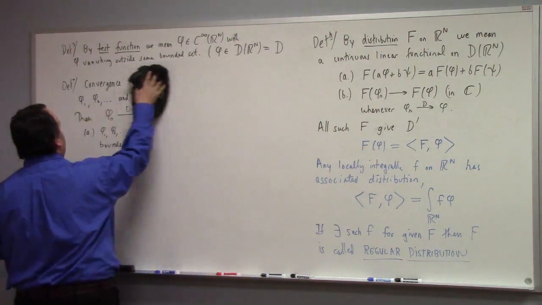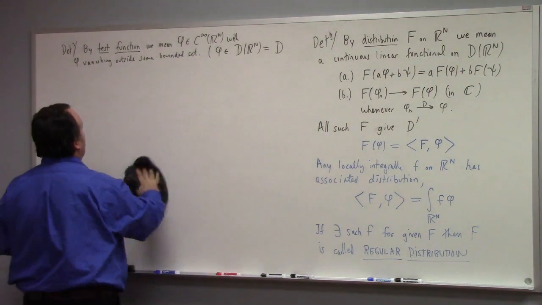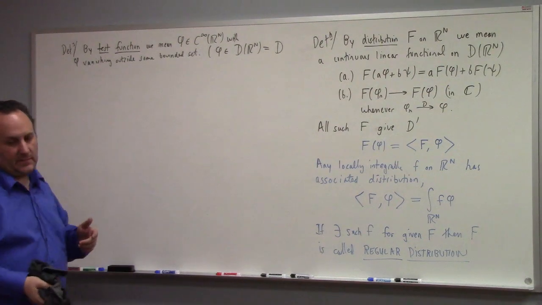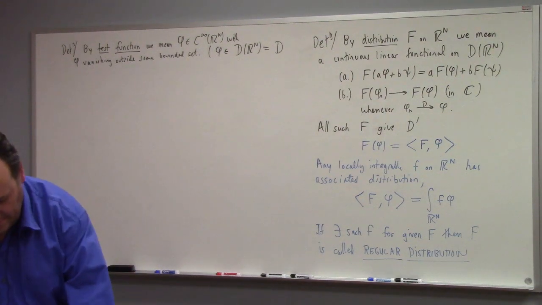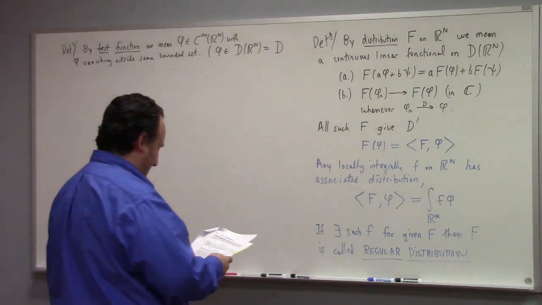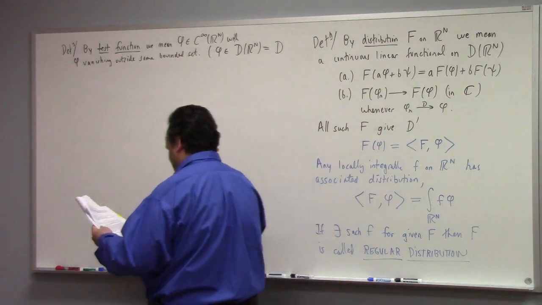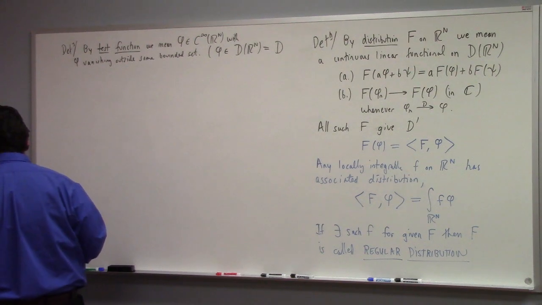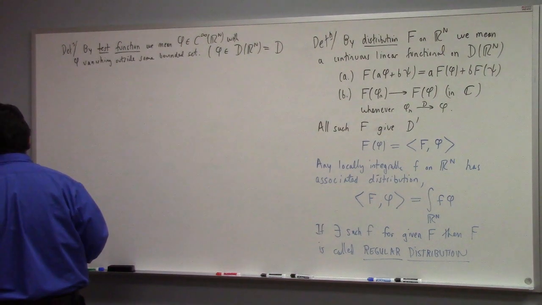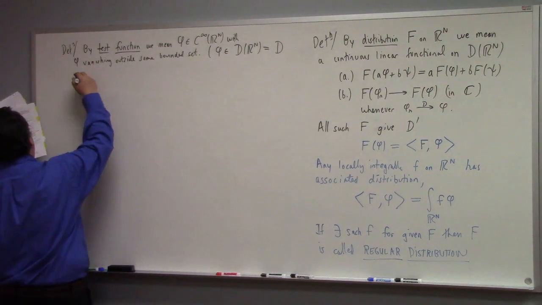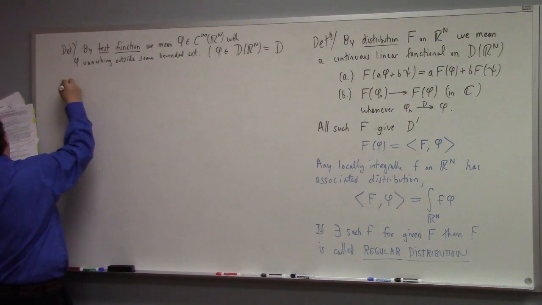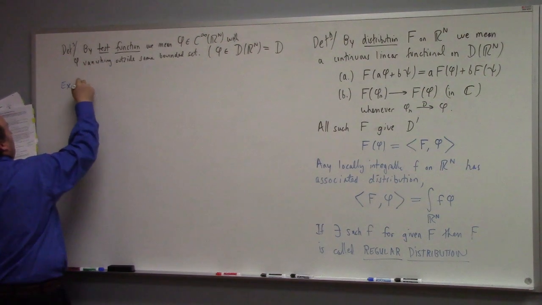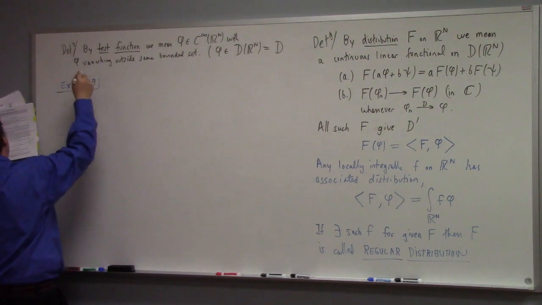So this next example is what's called the Heaviside function. The Heaviside function is not a function. Well, is it? Maybe it is. So here's his example 6.2.9.